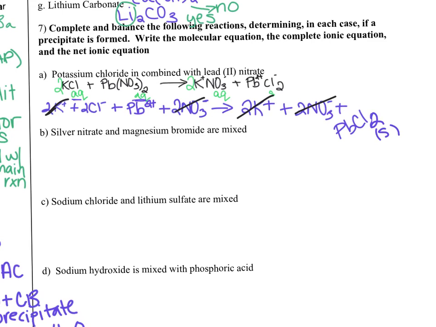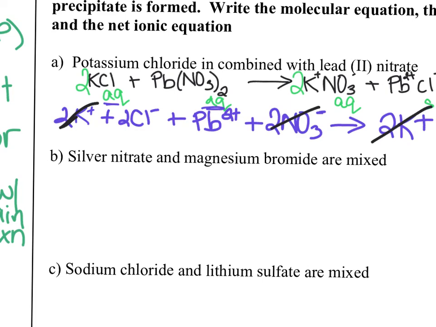Yeah. So we would end up with, oh man, I'm going to zoom in. I'm having trouble fitting on my screen. Okay. All right, so I'm going to say 2 Cl minus aqueous plus Pb 2 plus aqueous.